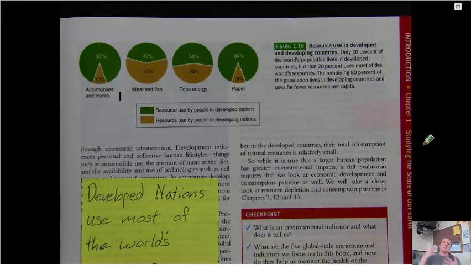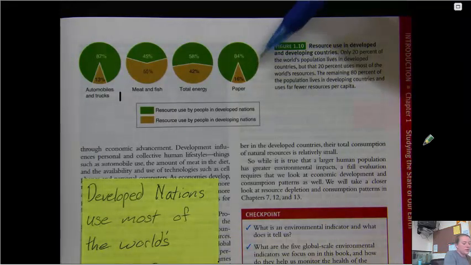Those are places that tend to have more of a subsistence type of society, not necessarily as many modernized resources. There's not as much access to the typical amenities that you would find in a developed nation. So this graph talks about how we use our resources.